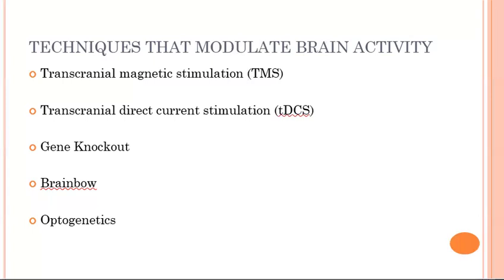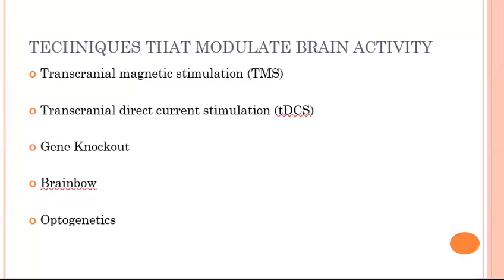And finally, optogenetics is an especially exciting technique for manipulating brain activity in non-human animals. Optogenetics uses light to control specific populations of neurons in living animals. And for the neurons to be sensitive to light, researchers genetically insert light-sensitive proteins taken from algae into a specific type of neuron.